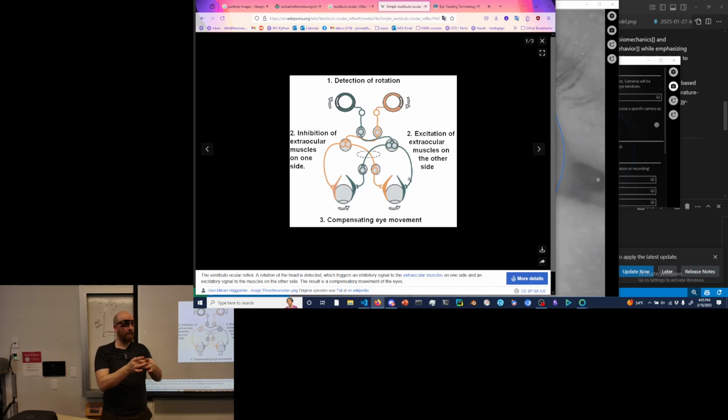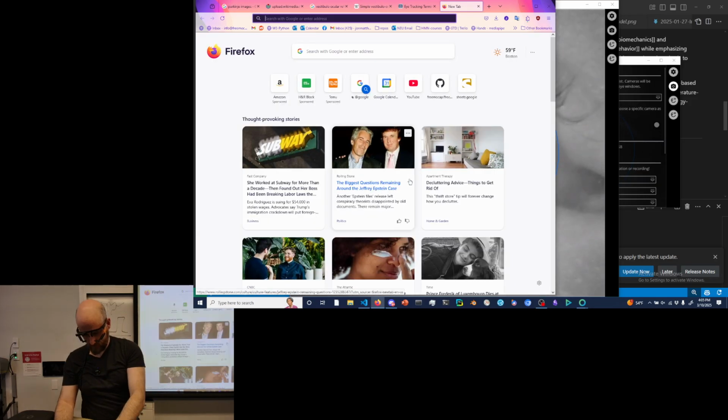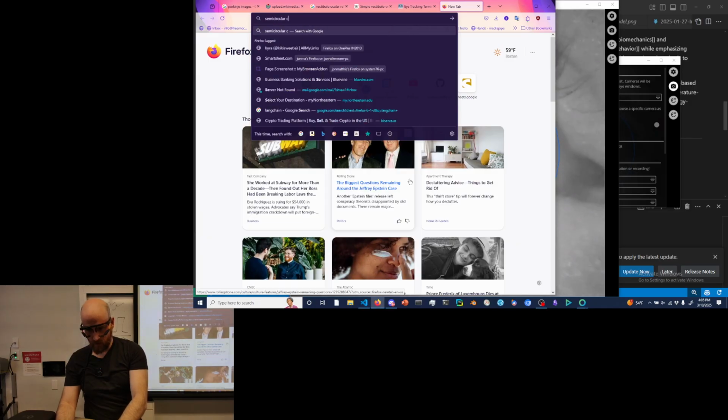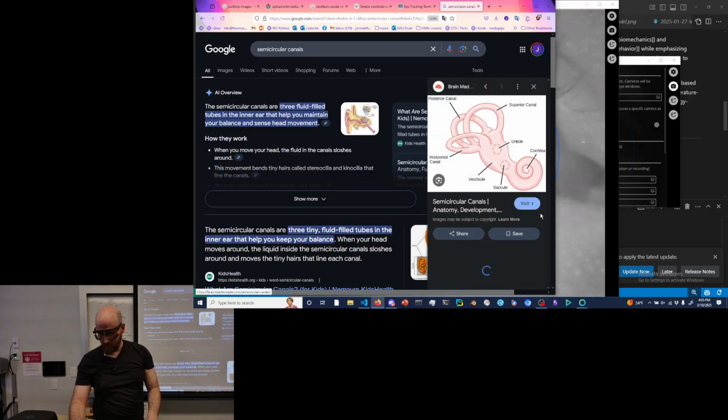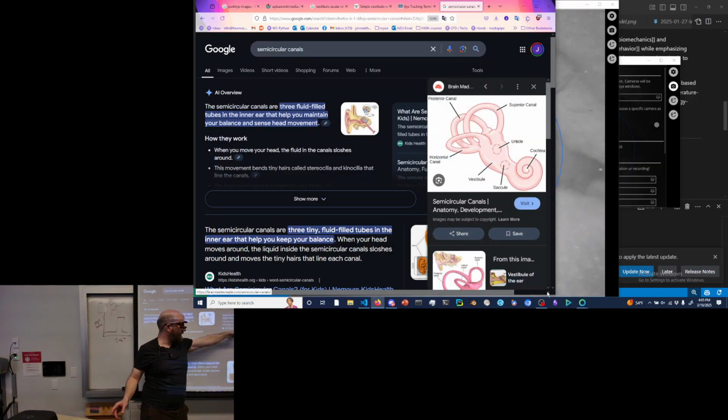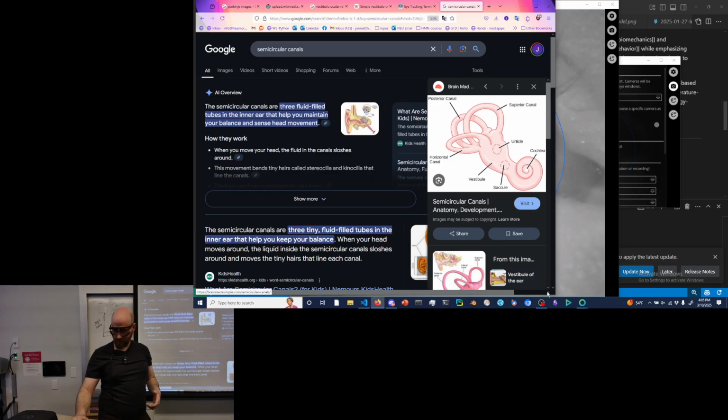You have these semicircular canals, which are literal circles of goo that look kind of like this. They measure rotation in all three directions.